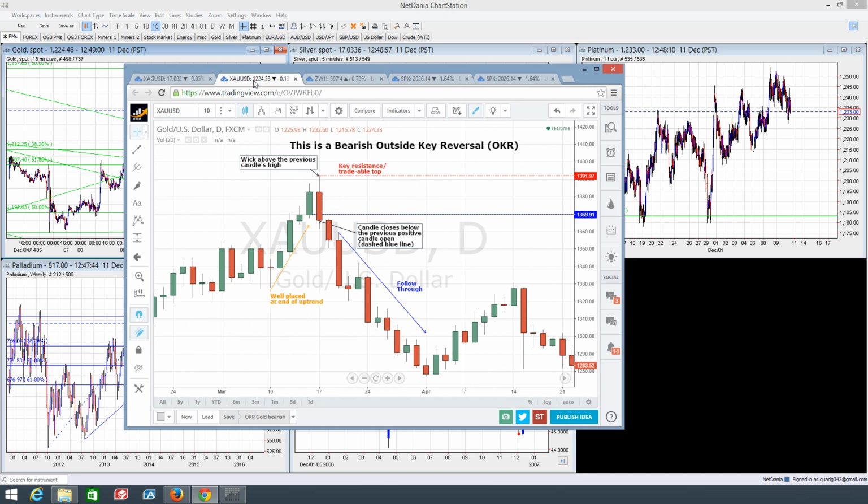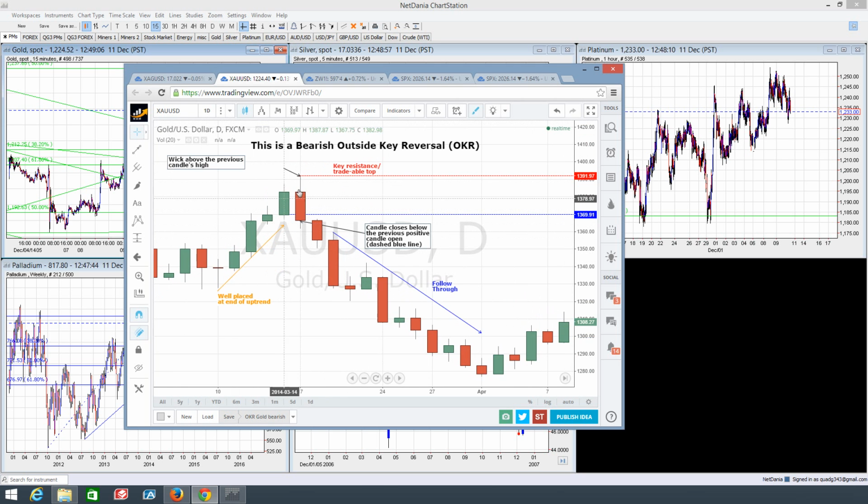Here is a bearish outside key reversal. This is in the gold chart on another daily. And you can see here with this candle, we had another outside move. The intraday high went above the previous candle's intraday high, and then the price action reversed, closing below the previous candle's open right there, that blue line at 1369.91.